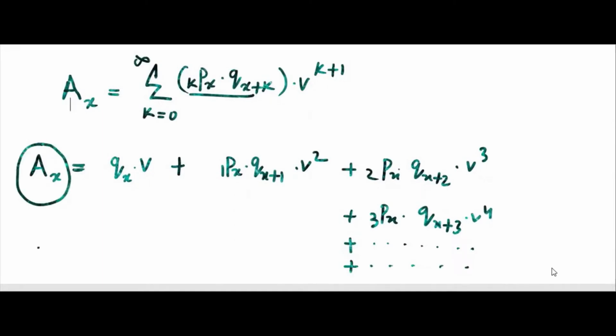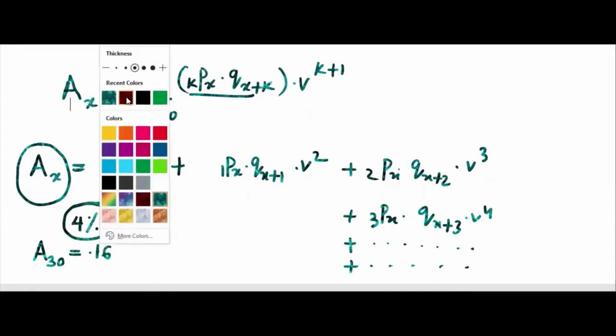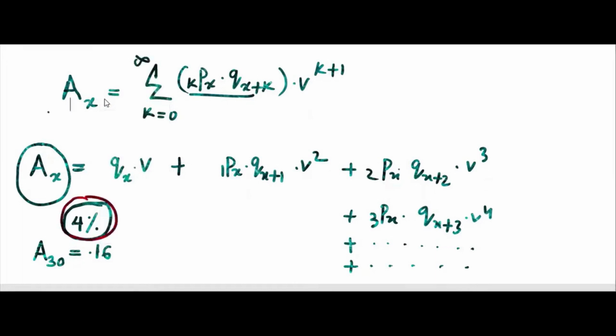You can see A30 from the table. We have already used A30 from the table. Suppose A30 is given as 0.16 at 4% interest. If you have no table, you can calculate A30. How will you calculate A30? You put x equal to 30, q30. You need q30 here, which you can see from the table. V you can calculate using the 4% interest rate.